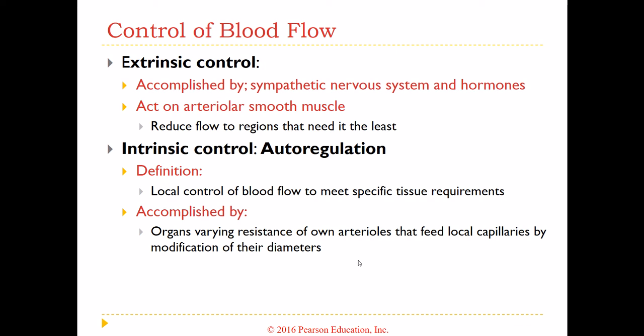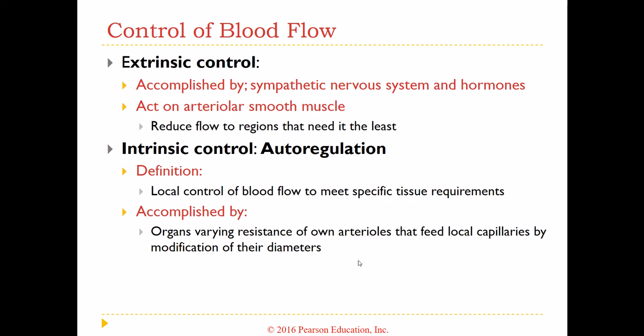What we haven't yet discussed are the intrinsic controls of blood flow, what we call autoregulation, literally self-regulating, where the blood vessels themselves can control just locally, just their own little patch of grass, as it were, their own blood flow to meet whatever their requirements are at that moment in time.